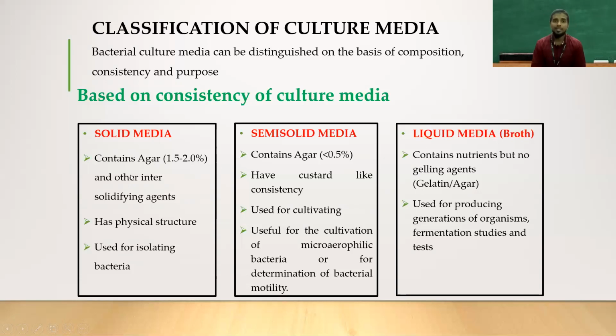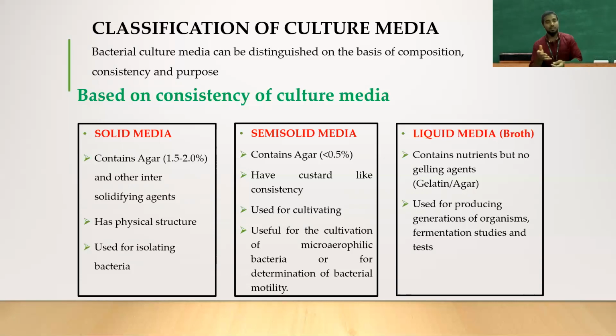How is solid media formed? In order for solid media to form, there should be a certain substance present which is able to solidify the nutrient medium. In rice, we have starch, and for that reason it has a specific shape.